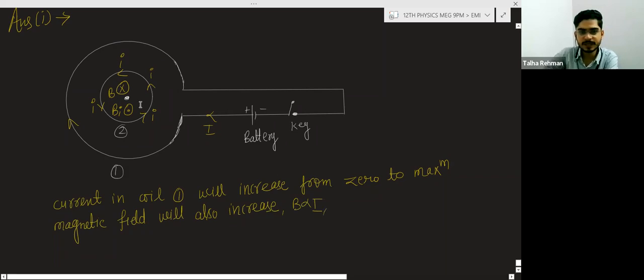When this magnetic field will increase, and this coil is in the magnetic field of the coil number 1, you can say magnetic flux linked with the coil number 2 will increase.